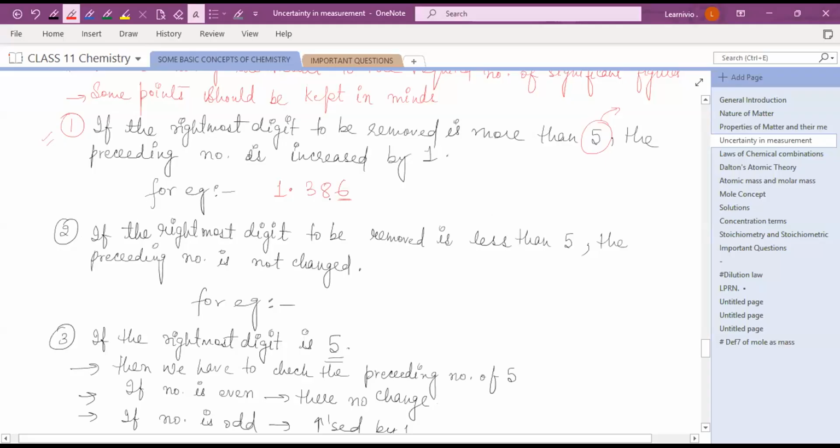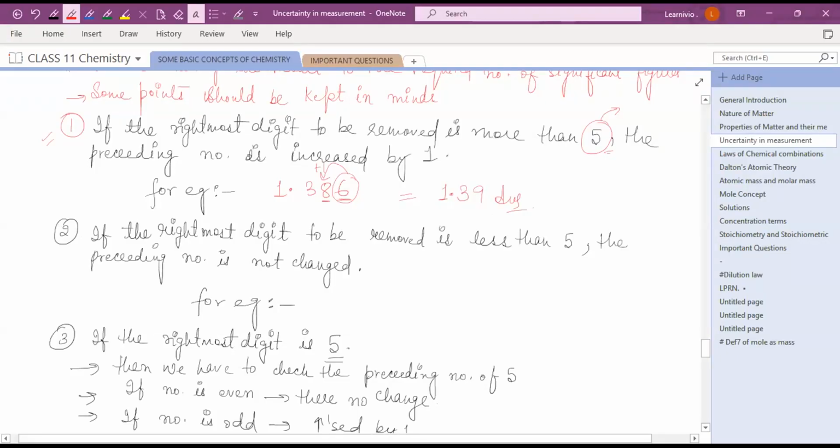We will see the terminal end digit. It is 6, and 6 is more than 5, right? So the preceding digit of 6 is increased by 1. Your final answer will be 1.39. Got it?